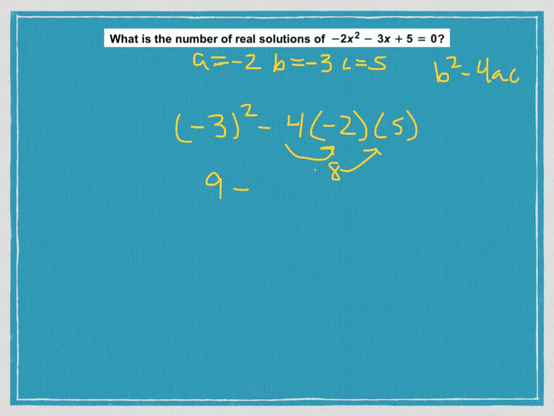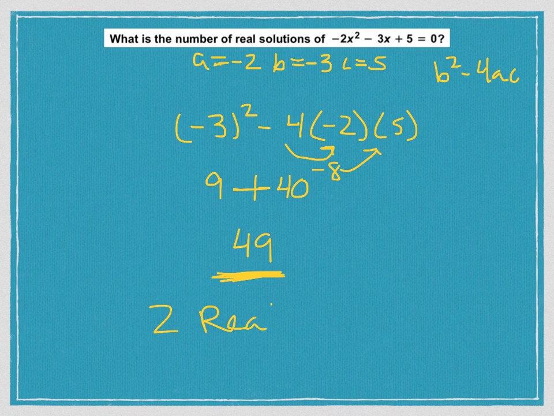So it would be negative 8 and then negative 40. If we have a negative minus a negative, what does it become? Positive. So we have 9 plus 40, which is 49. And since this number is positive, how many solutions do we have? 2 real solutions.